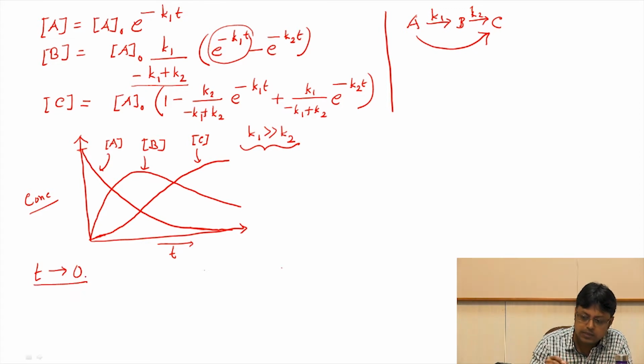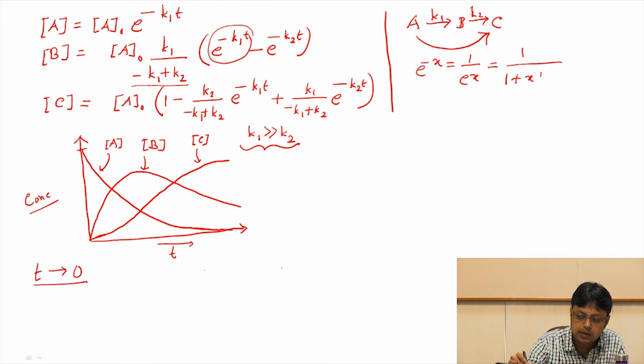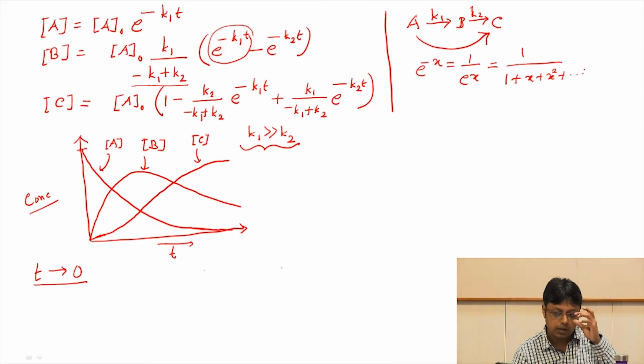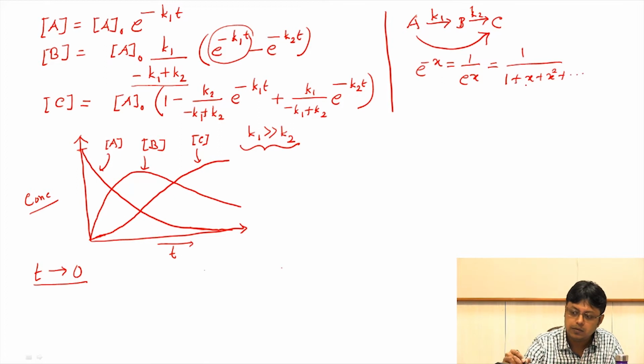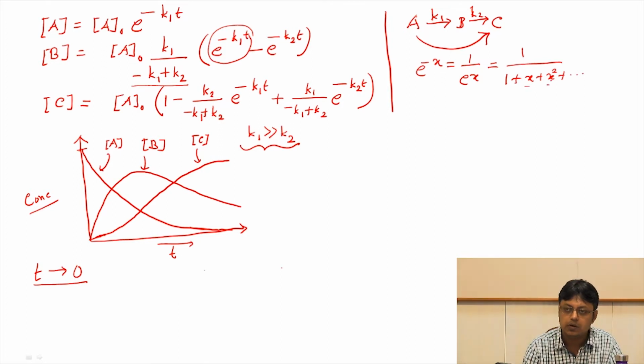Remember that for these exponential terms, e to the power minus x is nothing but 1 by e to the power x, which is 1 by 1 plus x plus x square and so on. If x is very small, then you can ignore these terms with respect to 1, and write it as equal to 1, if, of course, x is much less than 1.